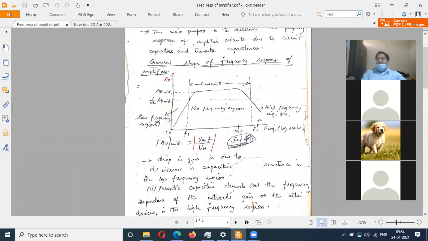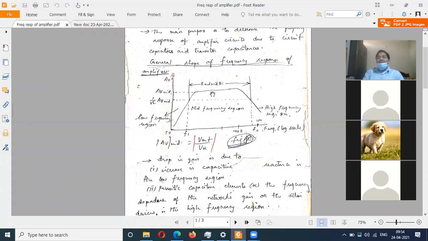In the earlier analysis, for the AC equivalent, we took the capacitor as a short circuit, because we are neglecting the dependence on frequency. In simple words, we are considering the frequency sufficiently large.